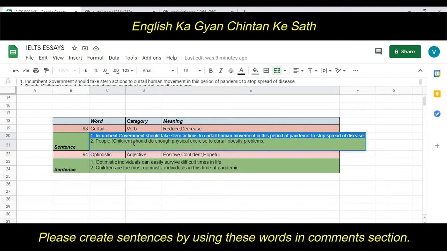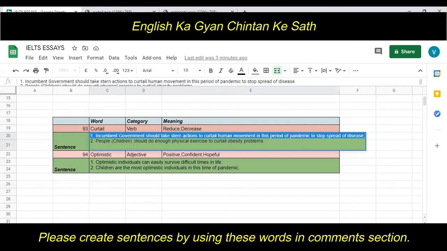The sentence is: Incumbent government. Incumbent means existing government, the government which currently rules the state or country. It means the existing government should take stern actions.